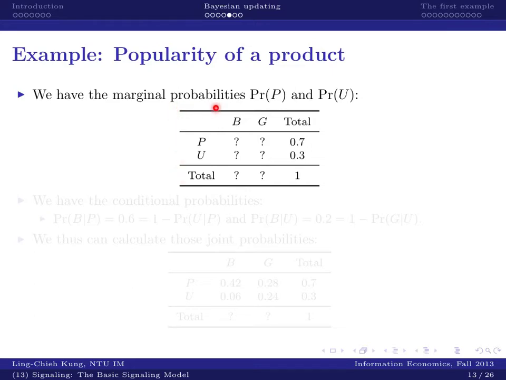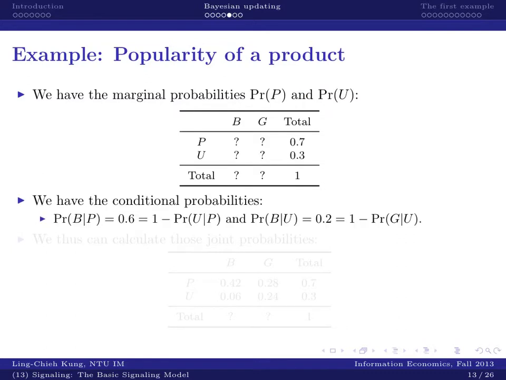We're providing a table here. So in this joint probability table, here I have two known probabilities. These are my prior belief about whether the product is popular or unpopular. These two numbers are my prior beliefs because they are at the margin. They are called marginal probabilities.